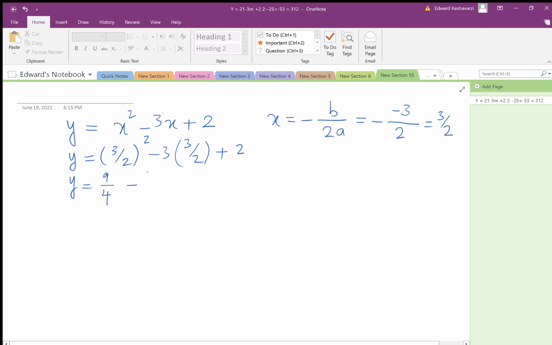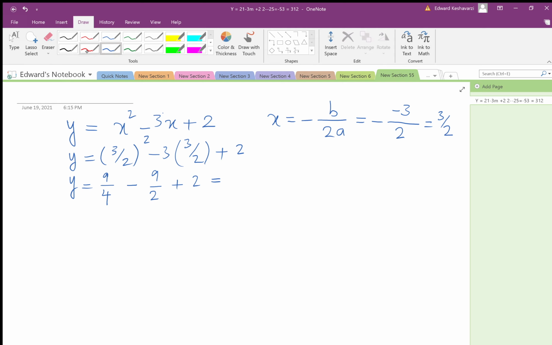3 gets multiplied and we'll have negative 9 over 2 plus 2. So we need a common denominator. Therefore I'm going to multiply this by 2.